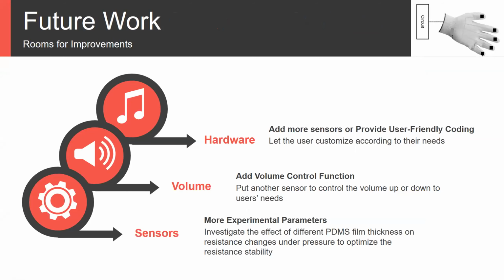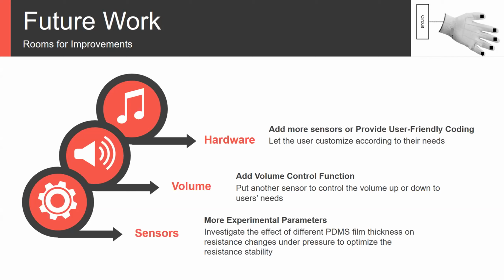And for the future work, as room for improvement, we mentioned three different points. First of all, hardware. If we have more time, we can add more sensors or provide user-friendly coding so that users can customize according to their needs.